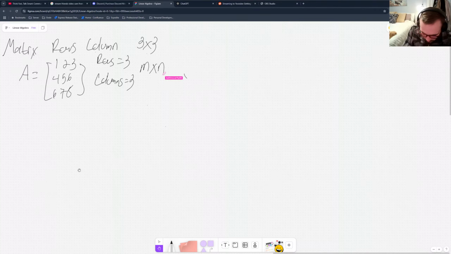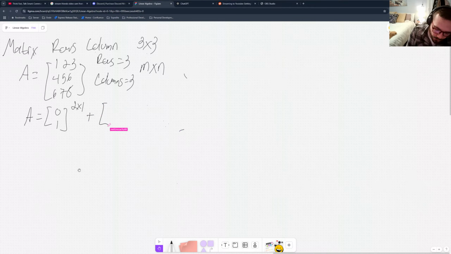So some basic operations: let's say that I had a matrix A equals 0, 1. This is a 2 by 1 matrix. And I wanted to add this matrix to another one that was 3, 2. This works because they are the same dimensions.